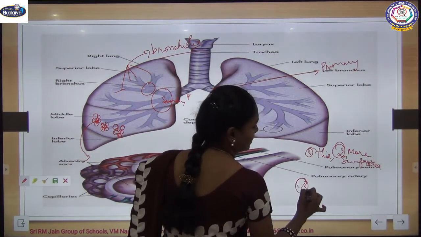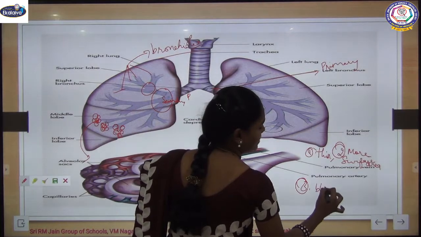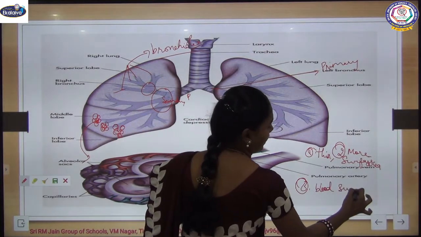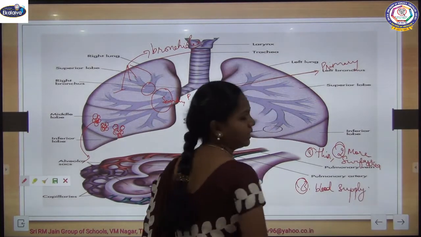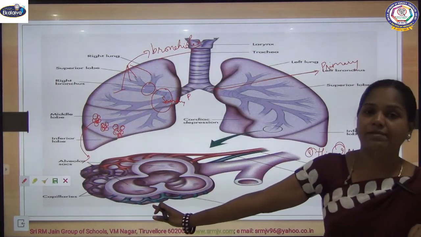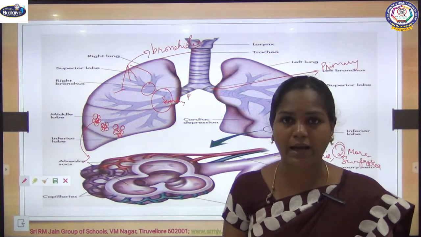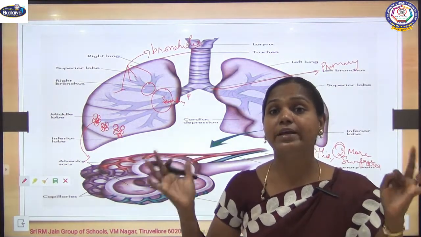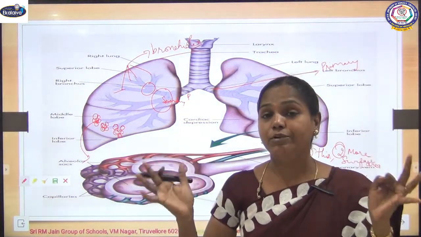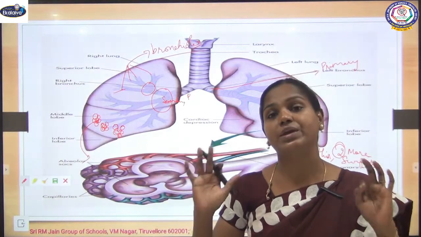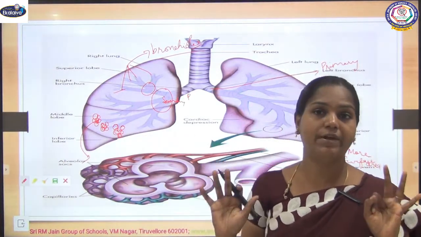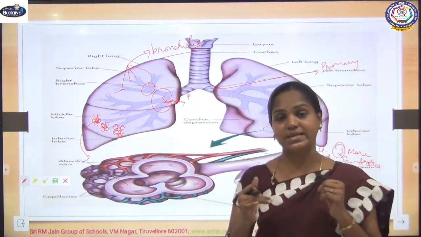And the third quality is that it should be enriched with blood supply. All these three properties are there in our alveoli. It is a very thin membrane, it is enriched with blood supply, and millions of alveolar sacs are there in our lungs, so increased surface area is available for gaseous exchange.